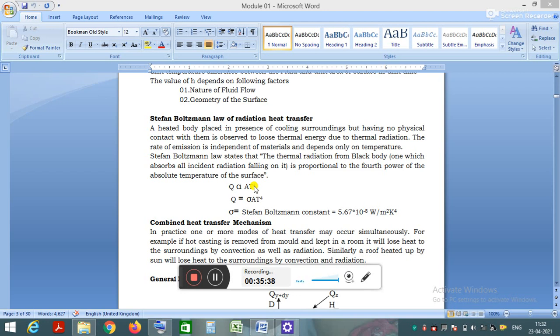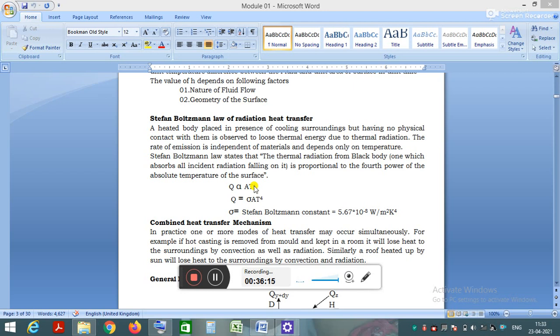The radiation heat transfer only depends on two factors: the fourth power of the temperature of the body, and the surface area which is exposed to the heat transfer. Q is directly proportional to the surface area A and the fourth power of the temperature. We can write this equation: Q equals sigma into A into T to the power of 4, where sigma is a constant of proportionality called the Stefan Boltzmann constant, whose value remains constant for a black body.